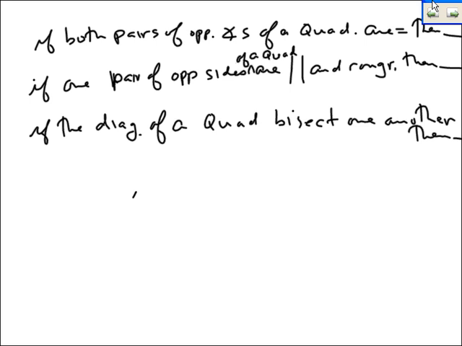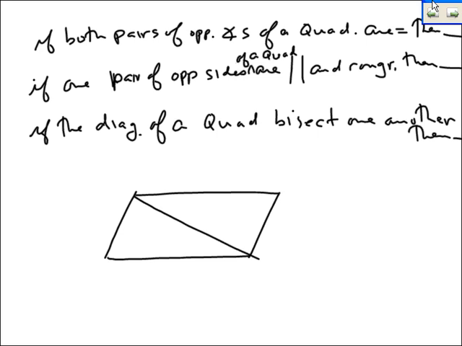So basically, if you were to draw a quadrilateral and you draw the diagonals, this one, the one I drew, is shorter than this one. But if they bisect each other, it must be because opposite sides were parallel.